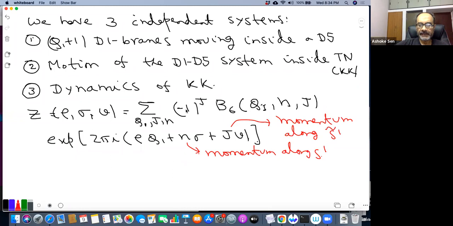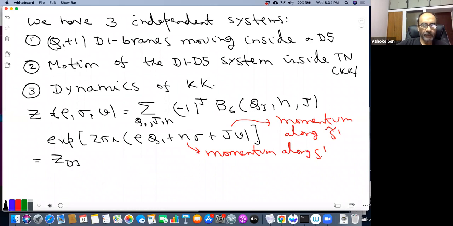This (-1)^J I have just included for convenience, but of course it makes no difference, because you could have eliminated this and then the corresponding partition function will just involve a shift of v by half. So this is just a matter of convenience and we'll see that it will be useful later. And what we argued is that this quantity will be given by a product of these three partition functions.